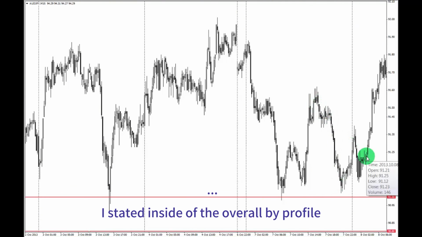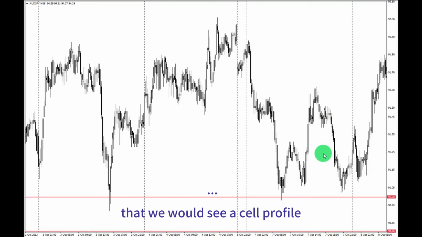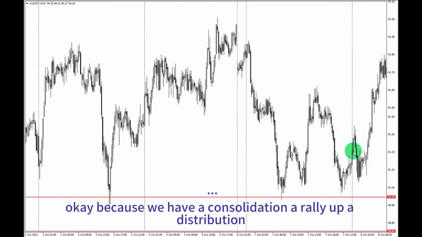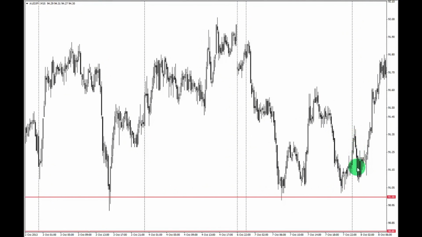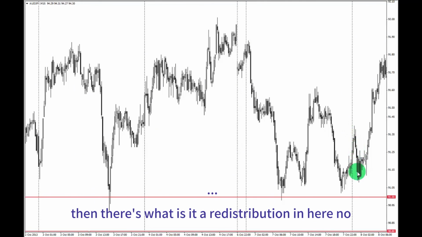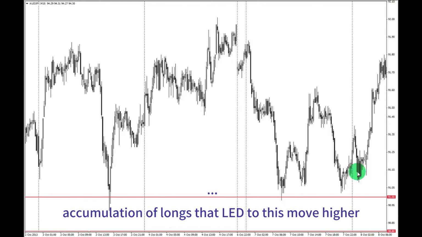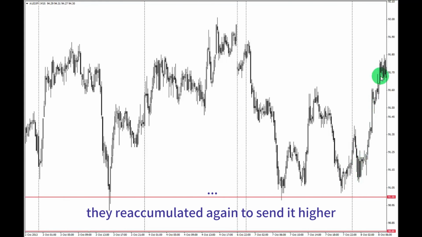I stated inside of the overall buy profile that we would see a sell profile. That is in here. Okay, because we have a consolidation, a rally up, a distribution. Then there's what? Is it a redistribution in here? No, it's a reaccumulation. Accumulation of longs that led to this move higher, they reaccumulate again, descended higher.